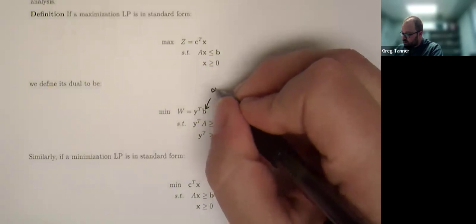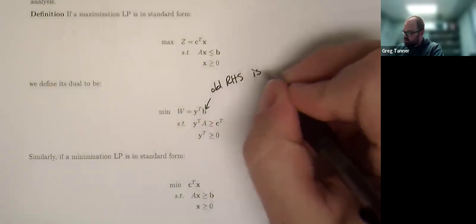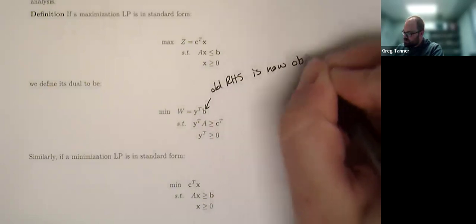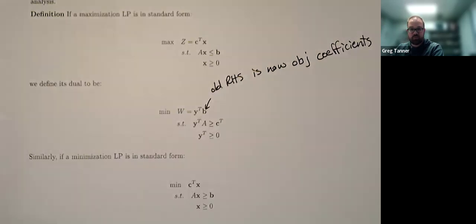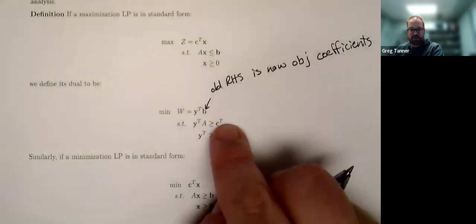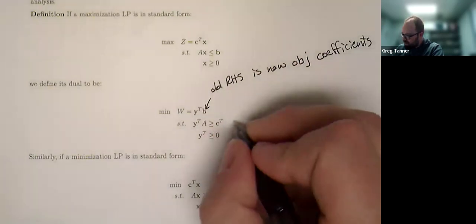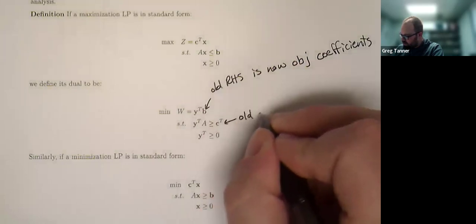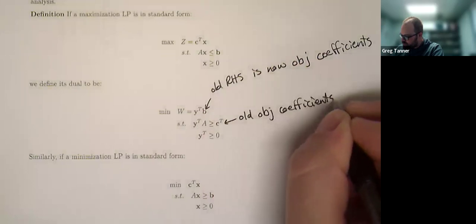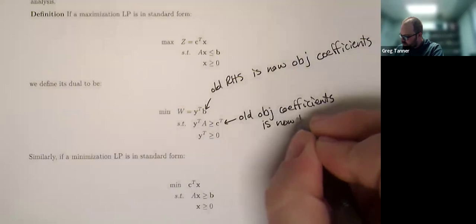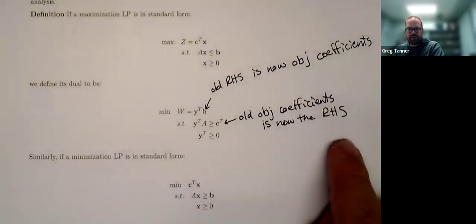So the old right-hand side is now the objective coefficients, and the old objective coefficients are now the right-hand side. Those swap places.